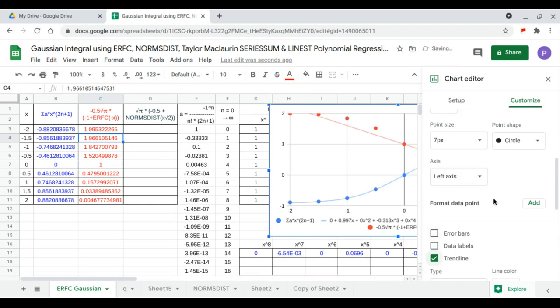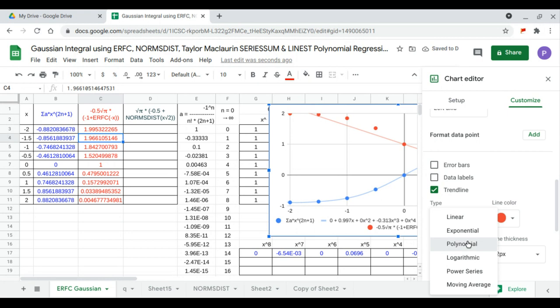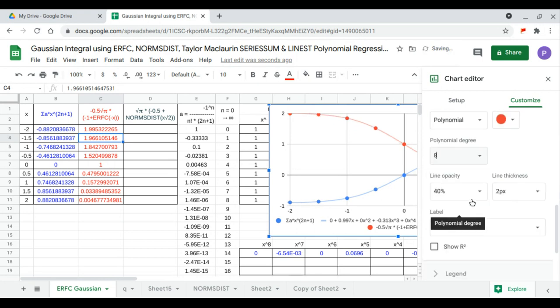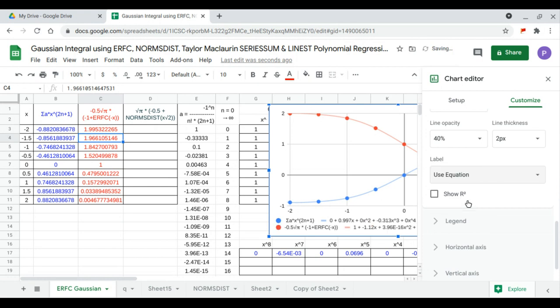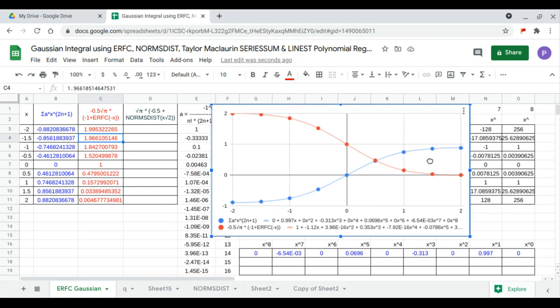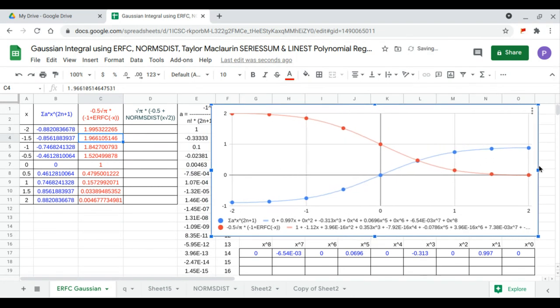The trend line is polynomial to the 8th degree, and show the equation as labeled. So here we have the equation as labeled. We'll modify this.